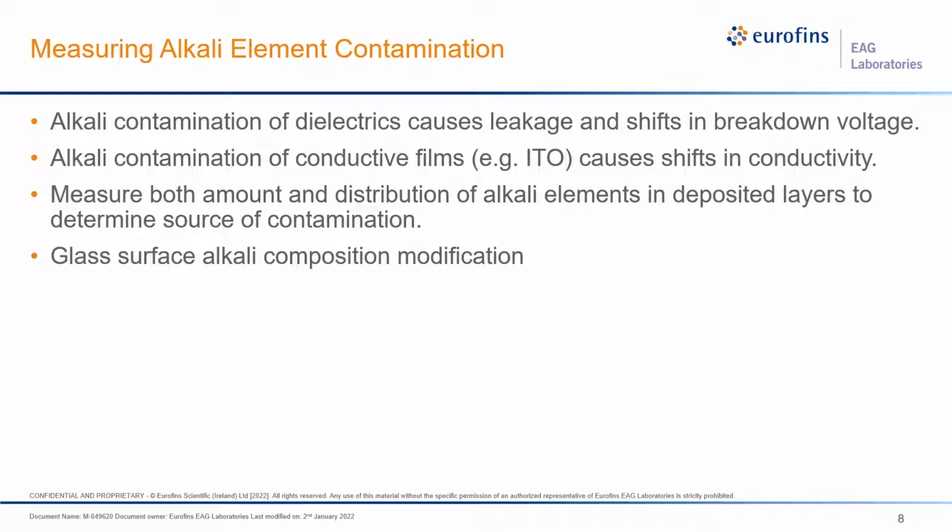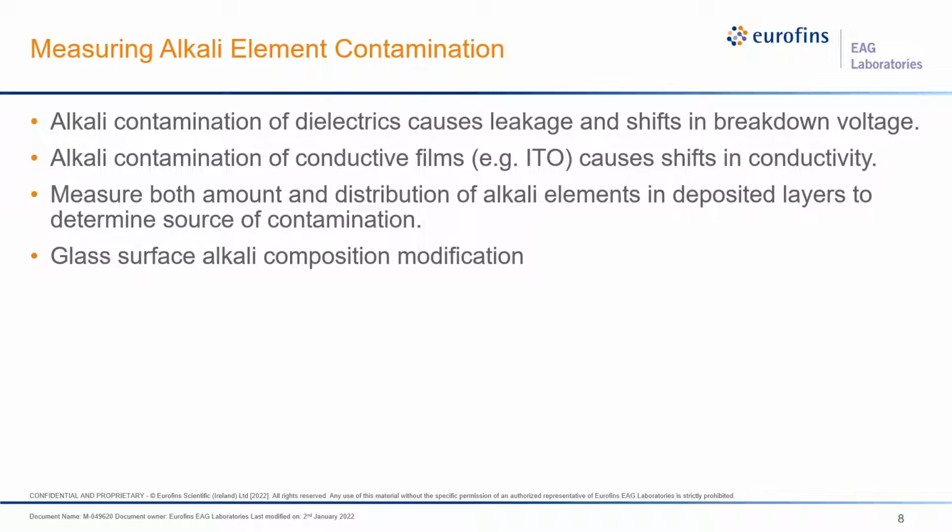If the concentration is high enough, it also often affects the transparency of these films, and the source obviously needs to be known for determining the source of the contamination. So it becomes very important that the correct distribution of these mobile alkali elements is measured so that you can pinpoint where these contaminations might be coming from, or their behavior.